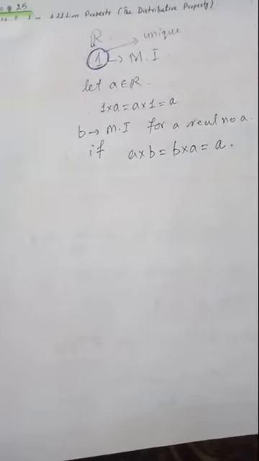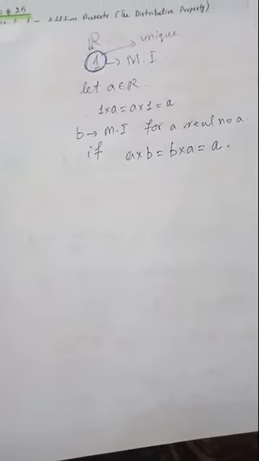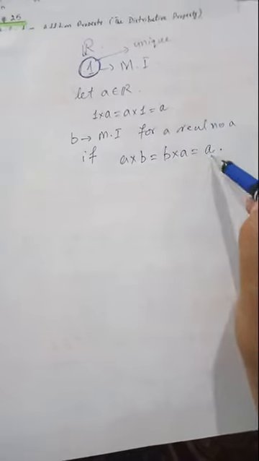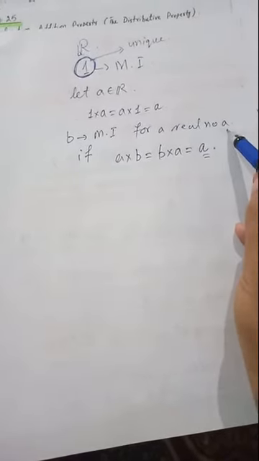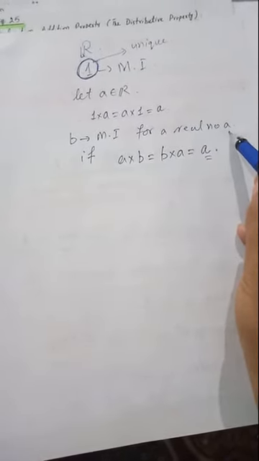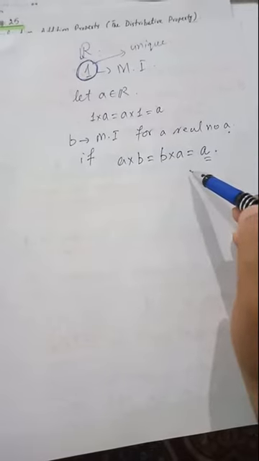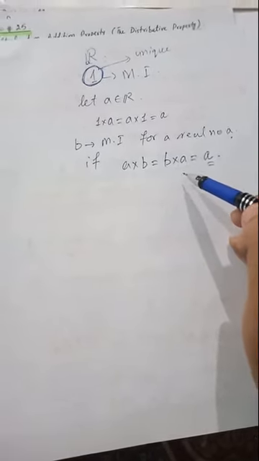So you see that when you multiply b with a or a with b, mean when you multiply a to the left of b or to the right of b, and you get again a, mean that real number doesn't change by multiplying b with that. So this b is said to be multiplicative identity.